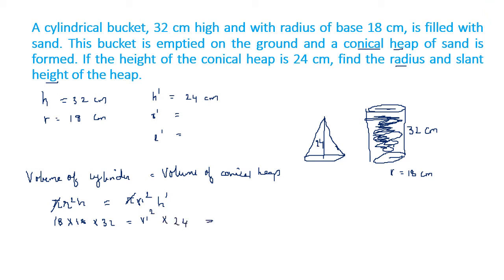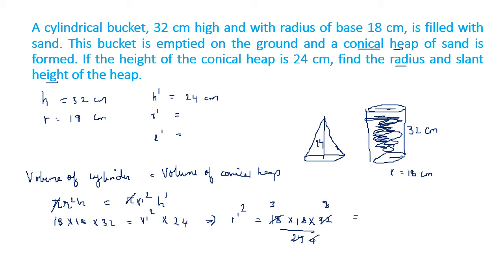24. Implies r prime square equal to 18 into 18 into 32 upon 24. So 6 3 the 6, 4 the 4, 1 the 4, 8 the.